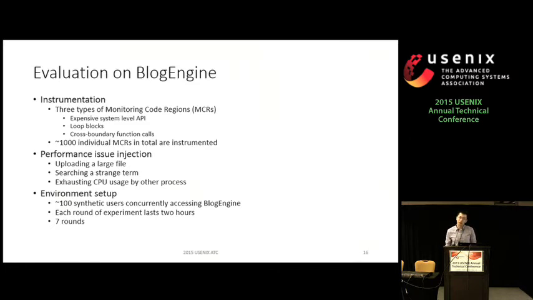We take these injected performance issues as the ground truth, and we see how many of them are covered by the logs stored by LogSquare. We use about 100 synthetic users to concurrently access BlogEngine, and we do the experiment for several rounds to overcome the random variation.